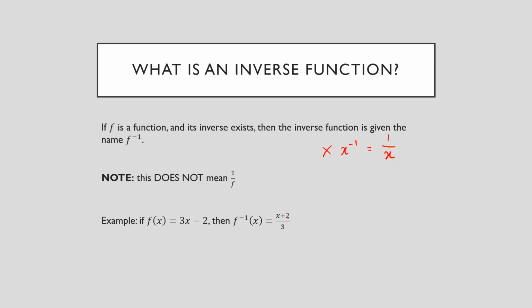Then in the next step of my inverse function, I would have to undo this multiplication by 3, which in this case would be to divide by 3. So you can see that we're just undoing each of the steps performed by the function f one at a time in reverse order, and that should give you your inverse function.